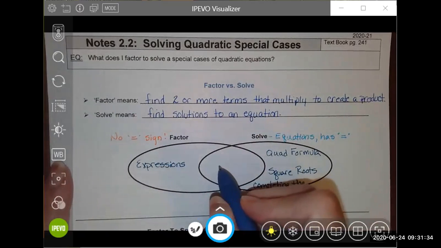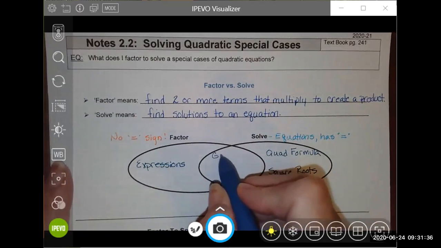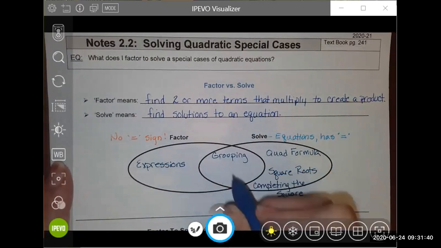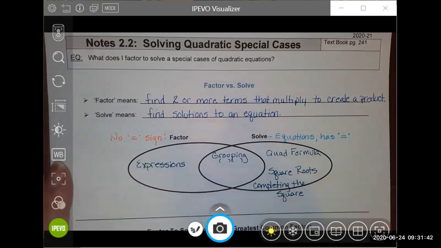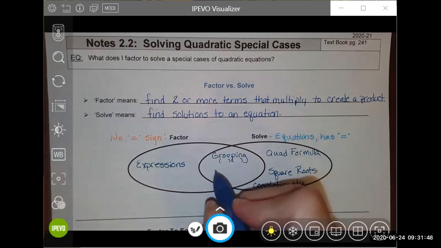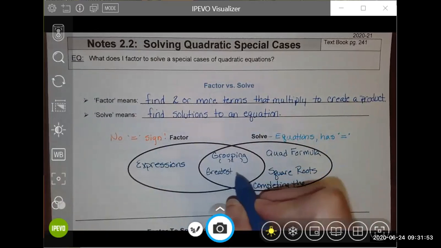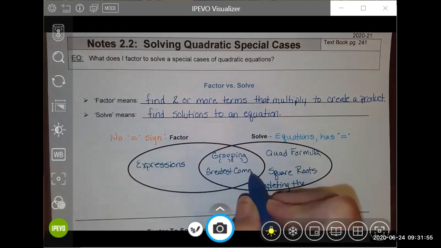And one of those things is grouping, which perhaps you learned as a box method or a grouping method. That's where we break something into two discernible groups or factors. The other thing we learned how to do is use the greatest common factor. My space isn't big enough.